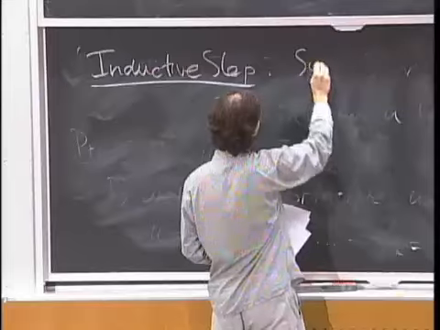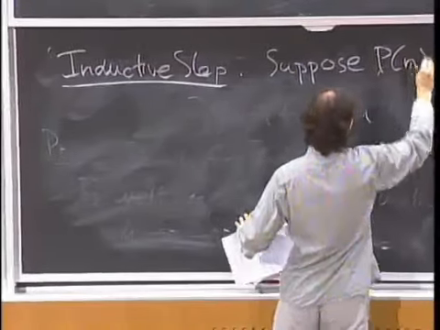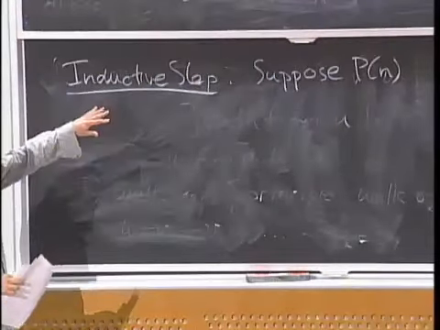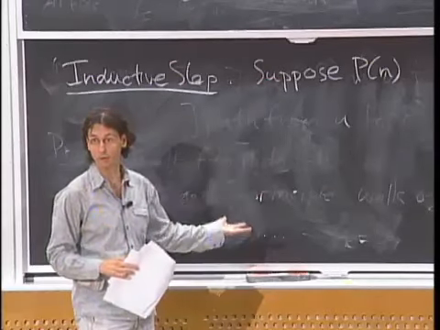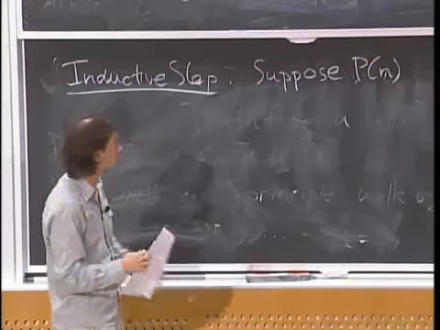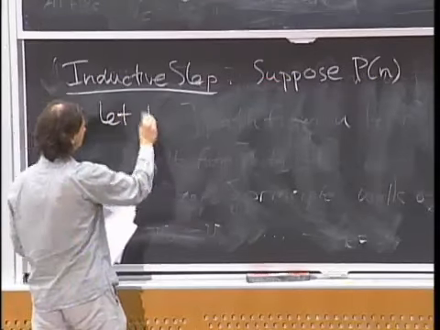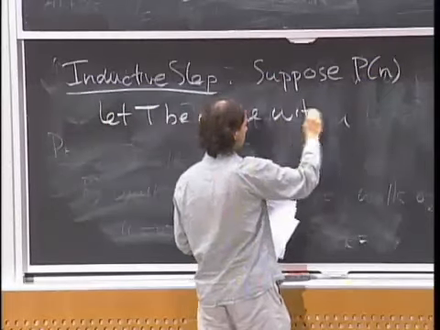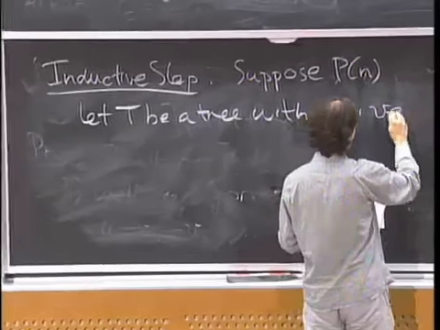So we suppose P of n. And now we want to prove Pn plus 1. So how do we do this? Well, take a tree that has n plus 1 vertices, and we want to show that it has n edges. So take any such tree. Let T be a tree that has n plus 1 vertices.